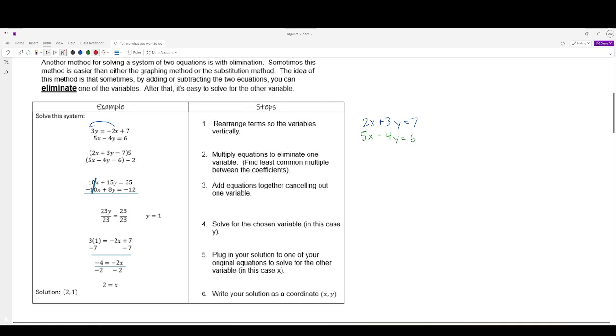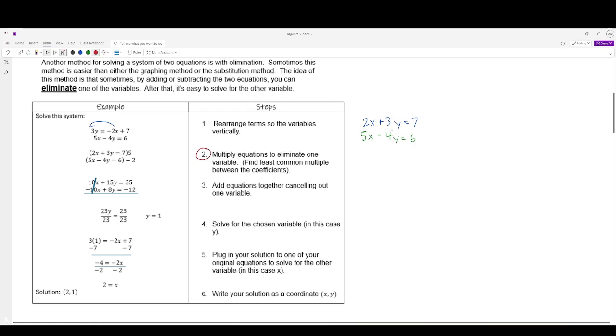Step 2 says we're going to multiply our equations by something so that we match up one of our variables. There's an example here multiplying by 5 and -2, but I'm going to go the other way for a different example. I want to match up these, so I want to have 12y and -12y.